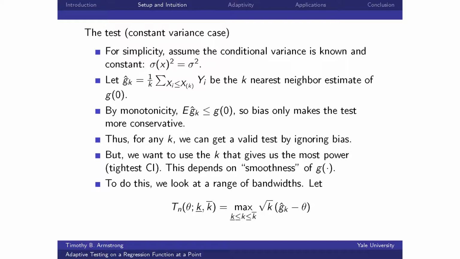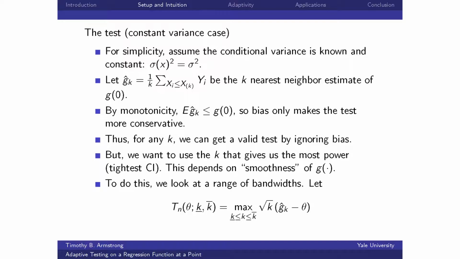Okay, so for simplicity, let's have an even simpler model where we assume that the conditional variance is known and constant. So sigma squared of x is just equal to some sigma squared, which we assume that we know. So here's the approach. We take a k nearest neighbor estimator for a given k, and let's call that g hat k. That's just what this is on the second slide.